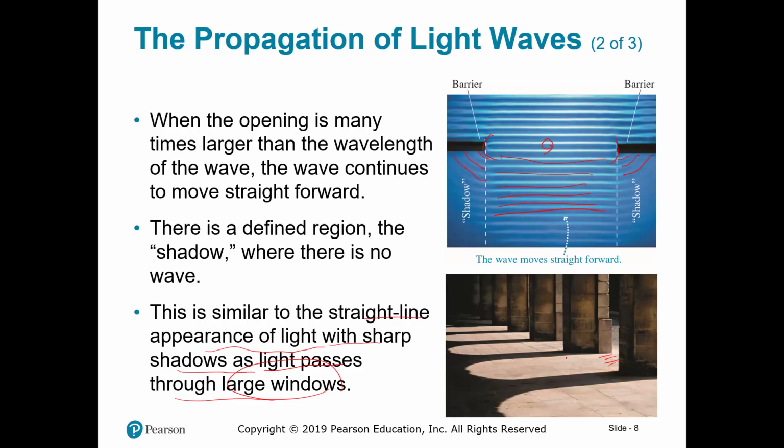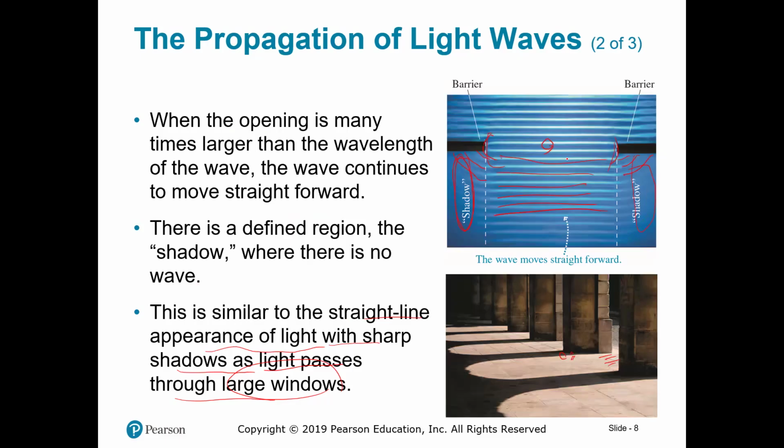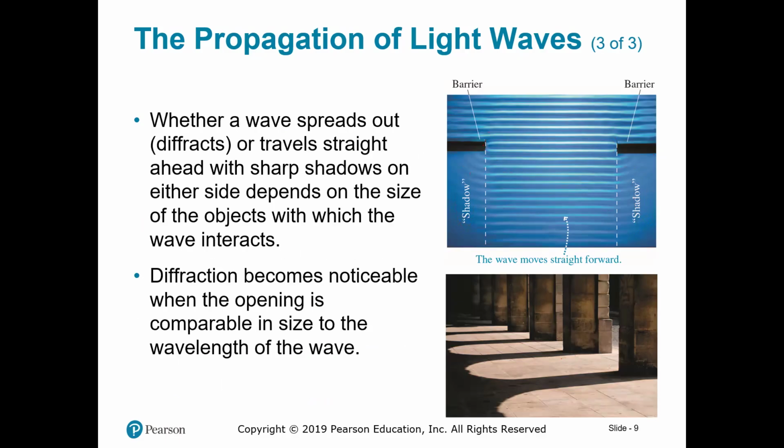The shadow area is very clear, and the boundary between the dark area and the light area is sharp. But when the hole is small, the shadow area is not clear. In other words, you can observe diffraction clearly especially when the hole size is small.